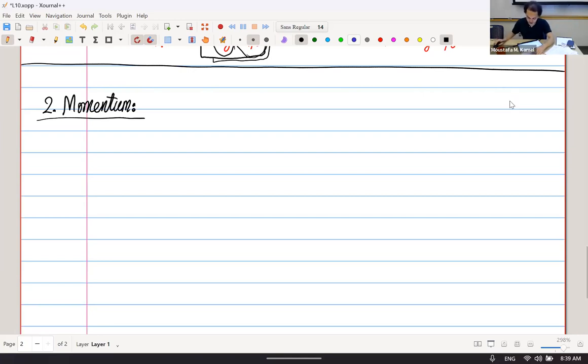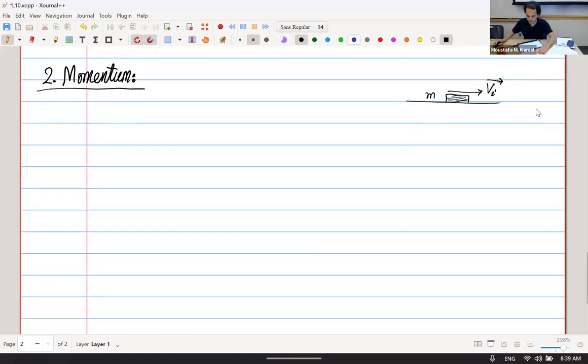So for this example, we will consider a puck moving with velocity v initial, and it has mass m. Okay, and then this puck is being hit by a hockey stick.